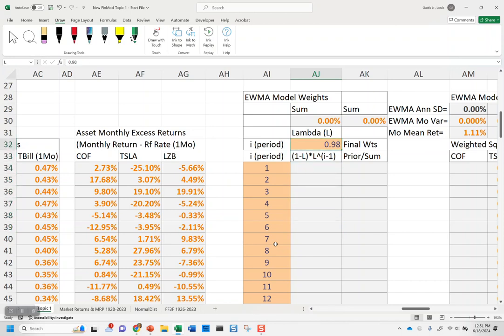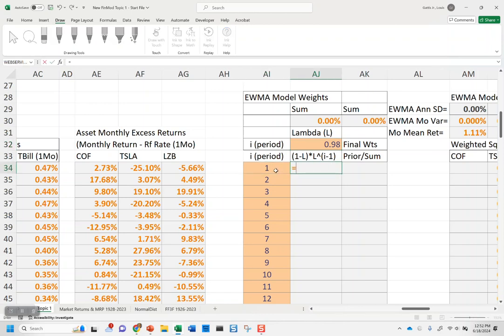I'm going to define my lambda here. Notice I have a named range of L. That's going to make life a little bit easier. My lambda is 0.98. So my formula, which I've written in here, is 1 minus lambda times lambda to the i minus 1 power, where i is the period.